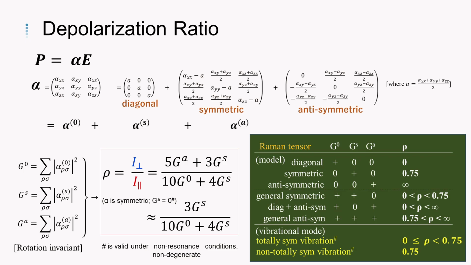When we separate the Raman polarization tensor alpha into 3 parts like this, it is shown that the sum of the squares of the components of the diagonal part, the symmetric part, and the anti-symmetric part are independent of the framework.